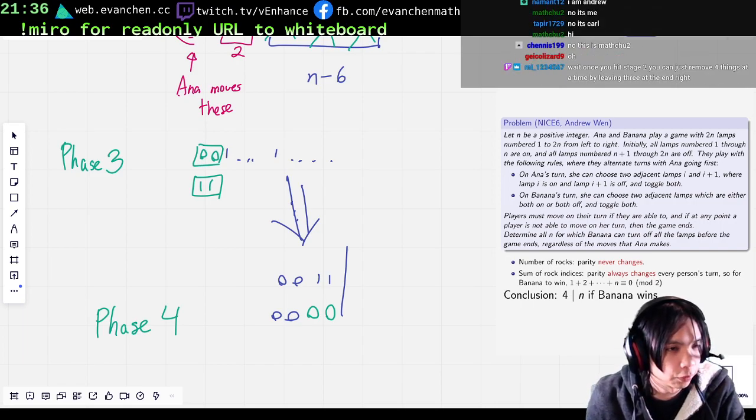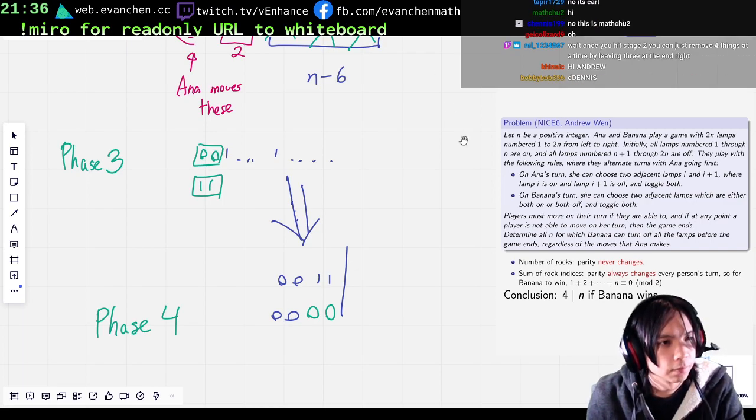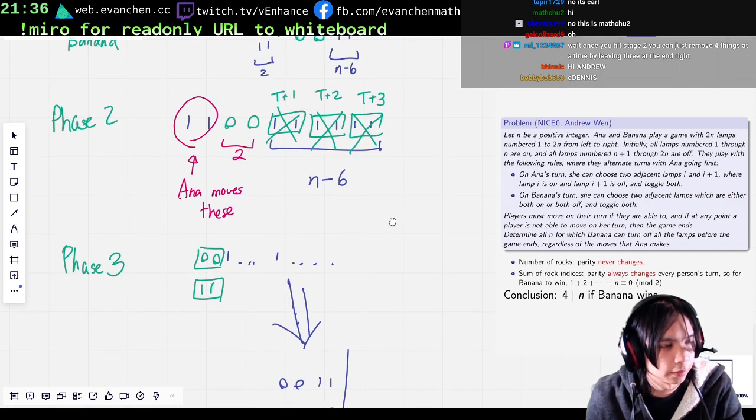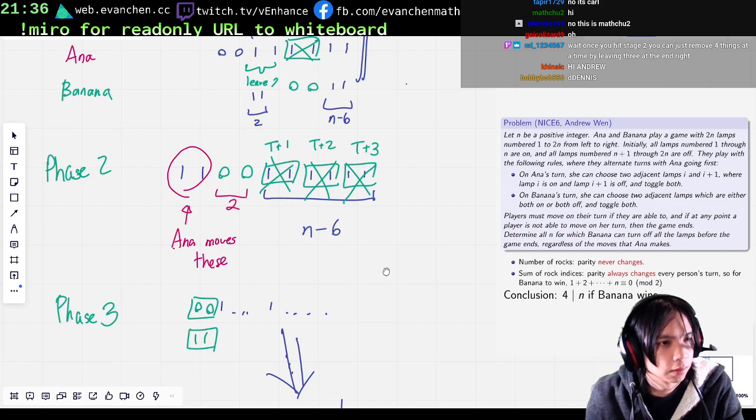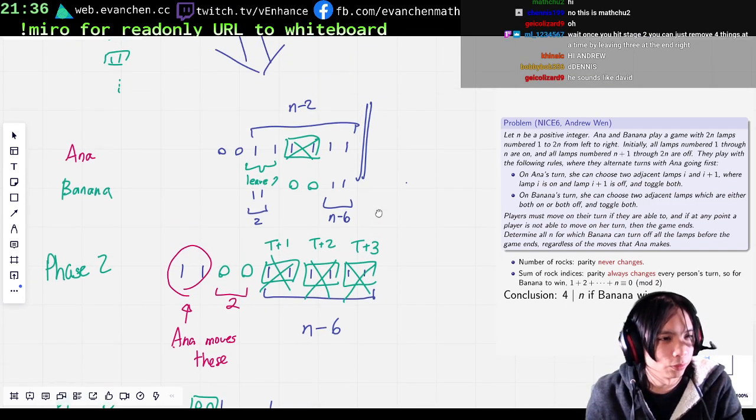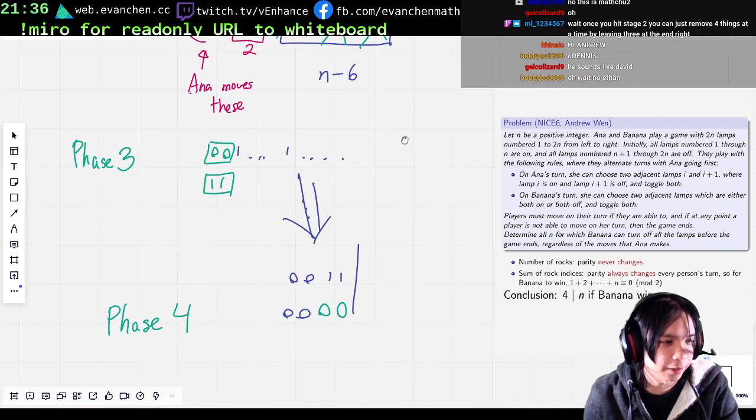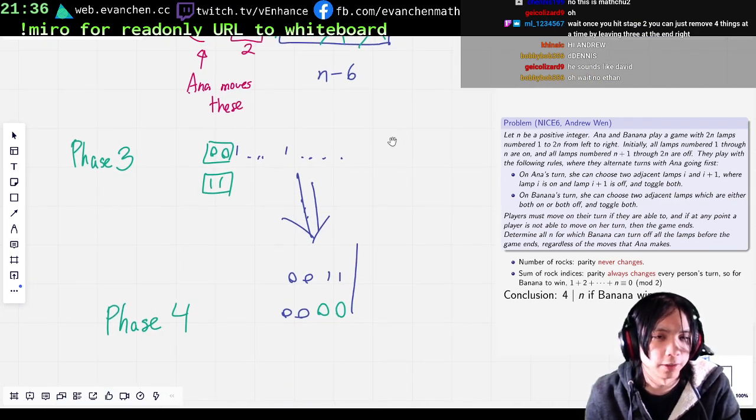You can just remove the 4 things at a time by leaving 3 at the end. Probably? I mean, I don't think this algorithm is at all unique.